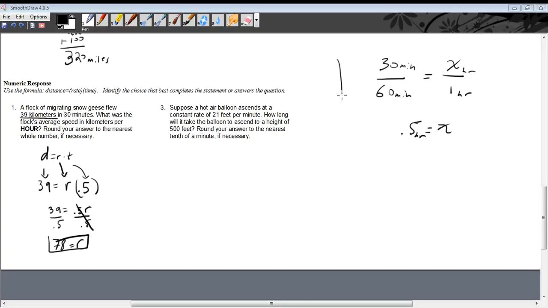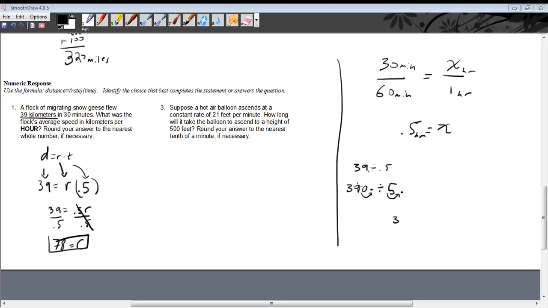Now, one way, if you're stuck with that division here with the 39 divided by 0.5, is there's a decimal point here on the 39 as well. Move the decimal point here to 390, and then move the decimal point here to 5.